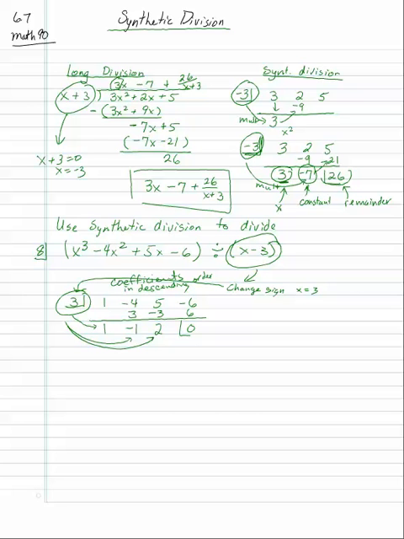So remember, this is x cubed, so this one will be 1 degree less. So it's x squared. So we go 1x squared minus 1x plus 2 with no remainder. That's your result.